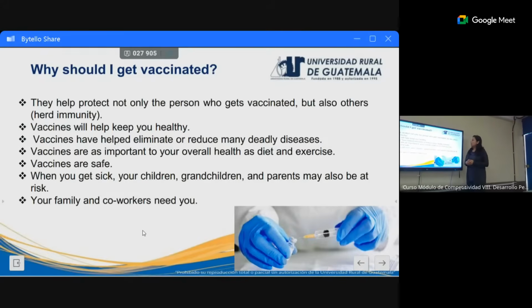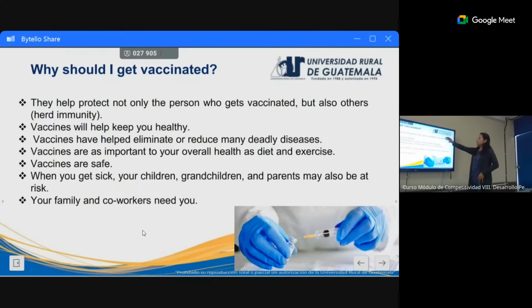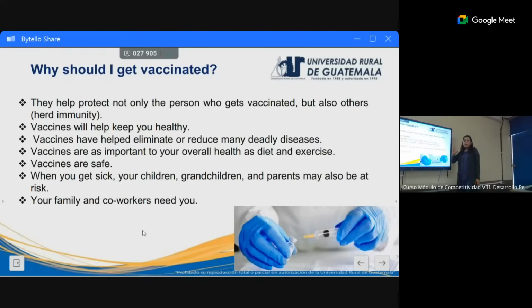Also it says vaccines have helped eliminate or reduce many deadly diseases, you know? So vaccines are as important to your overall health as diet and exercise. The first one said that it helped eliminate or reduce many deadly diseases.